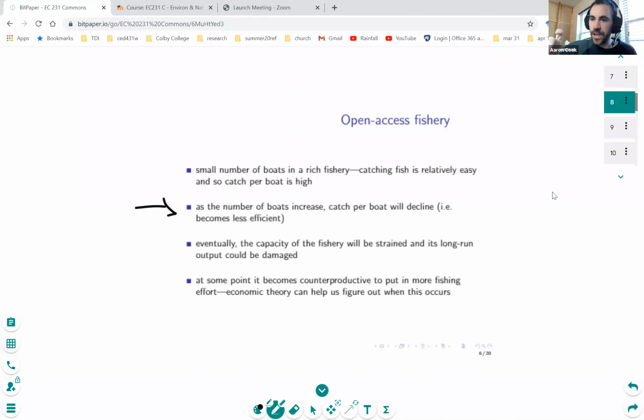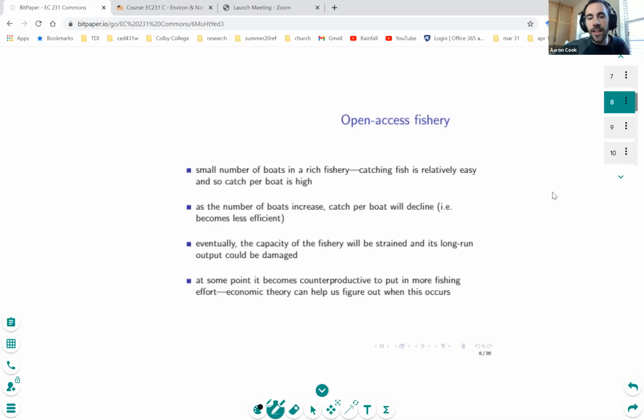In some ways that's kind of like the congestion effect that we saw before with roads and Wi-Fi, where the more people you have using it, the more the stock gets diminished, and that requires that you put forward more effort in order to catch a fish, or for a given amount of effort, it means you have a lower return.